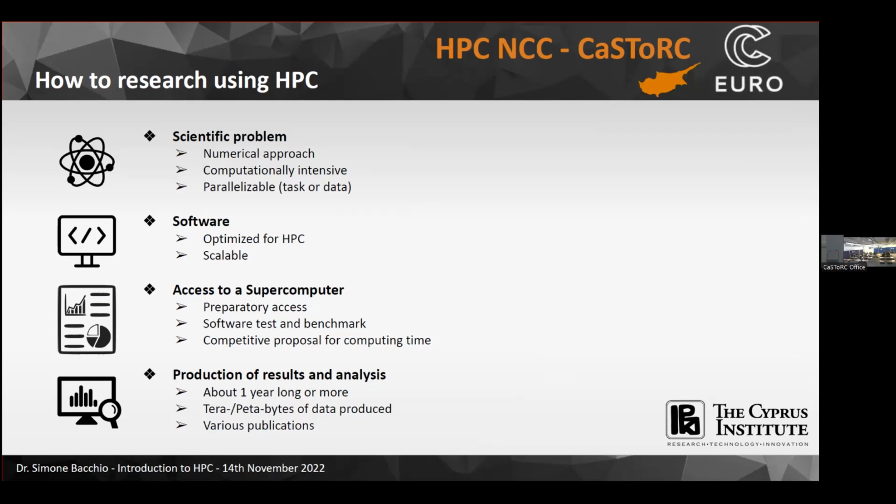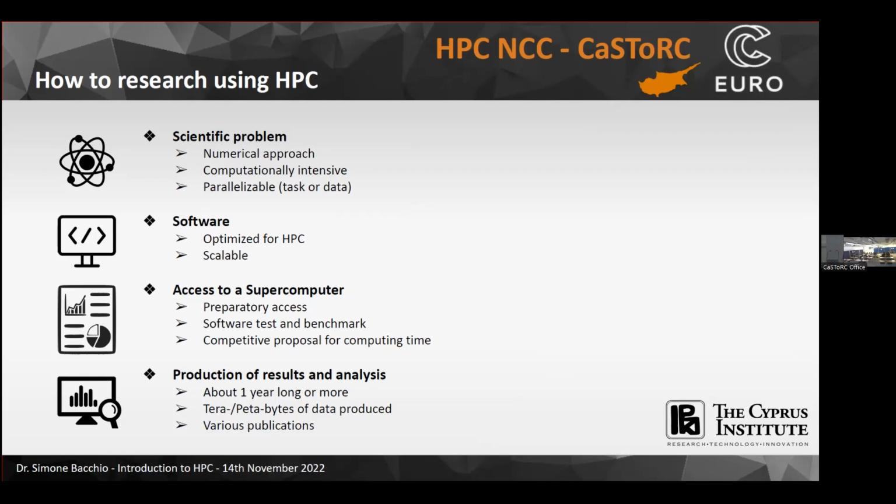There are regular calls for access to computer time, and you need to write a proposal where they ask you to explain your research, the software, how good your software is, how it runs, etc. So it's better at the beginning to aim for smaller systems where it's easier to get access because there are not many requirements, than going directly to the largest.